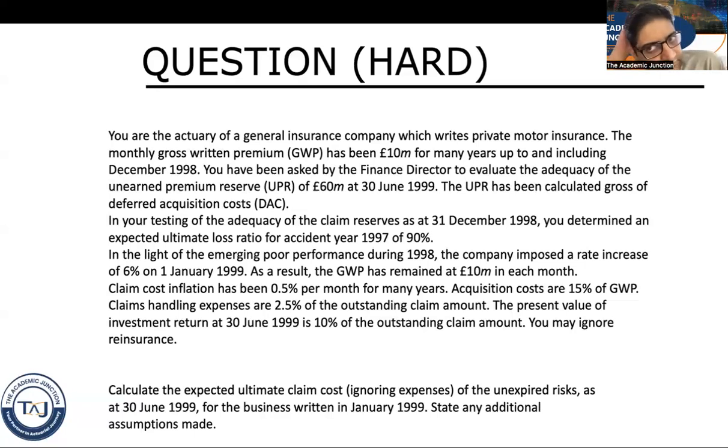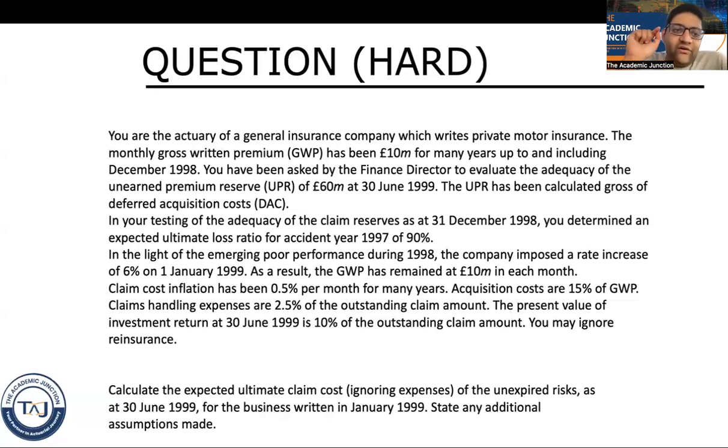Since I am only considering the business written in January 1999, half of 1997, entire 1998, and since the business is written here, the accident could lie approximately 6.5 months additional. So total 18, 24 and a half.